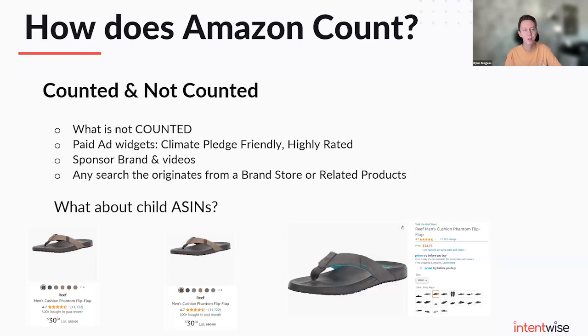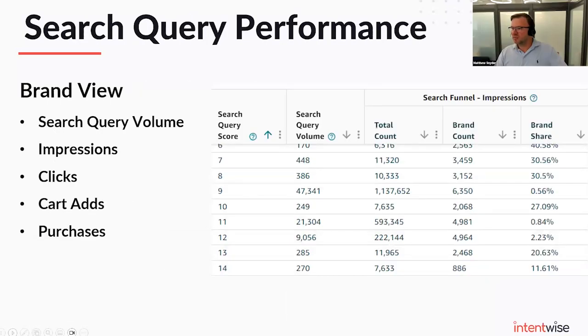So very interesting. With that, we'll jump into a couple of different pages I've got pulled up here in my account, and we'll walk through this path. What we're going to be looking at here is that Search Query Performance is going to tell us our search query volume. You can see here initially there's what we call the score.